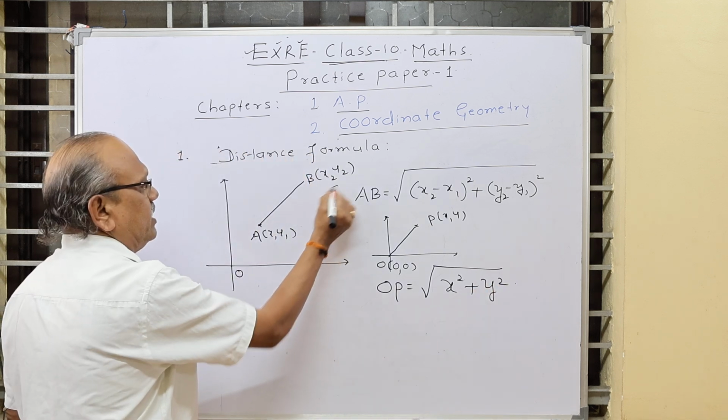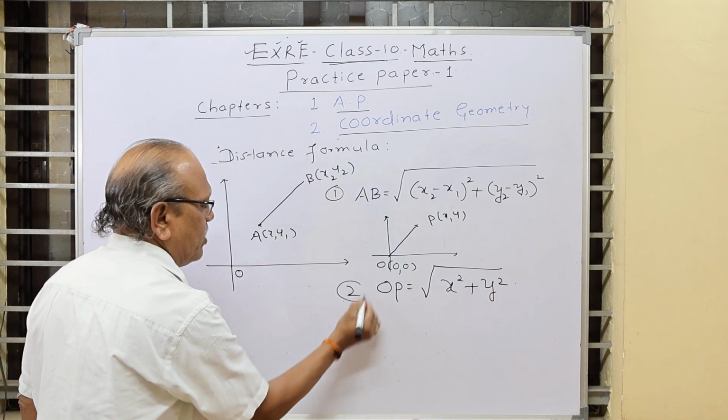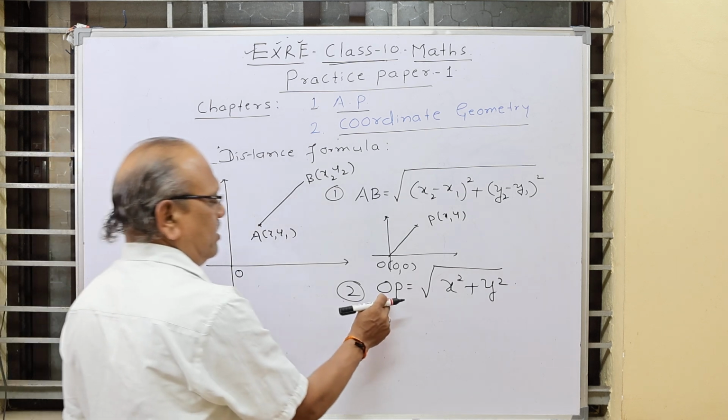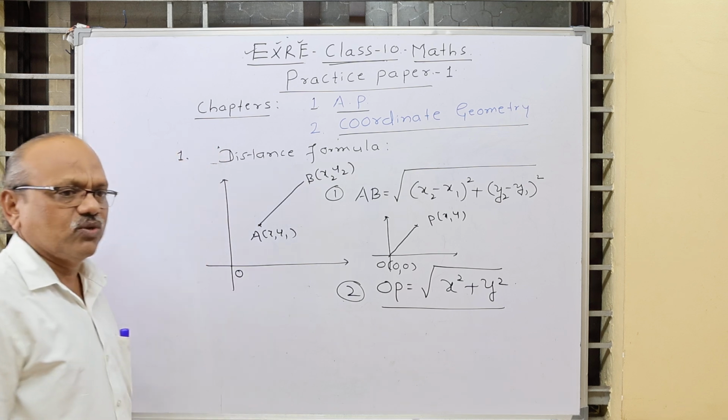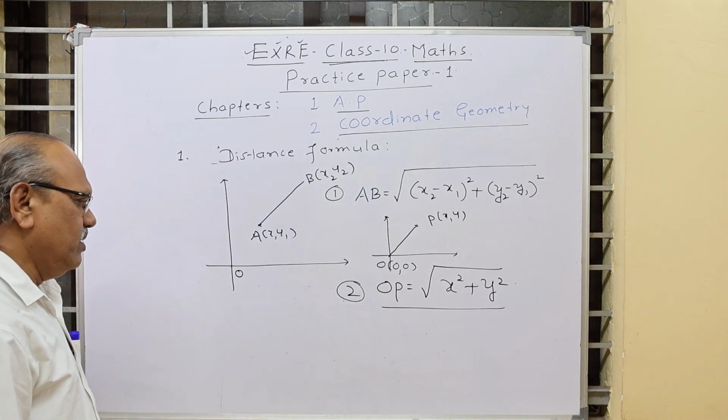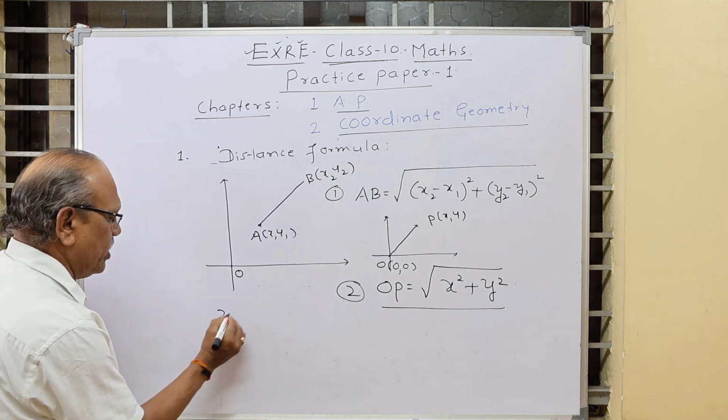This is the first formula, the distance formula. This is the second formula: the distance of any point from the origin is given by root of x square plus y square.